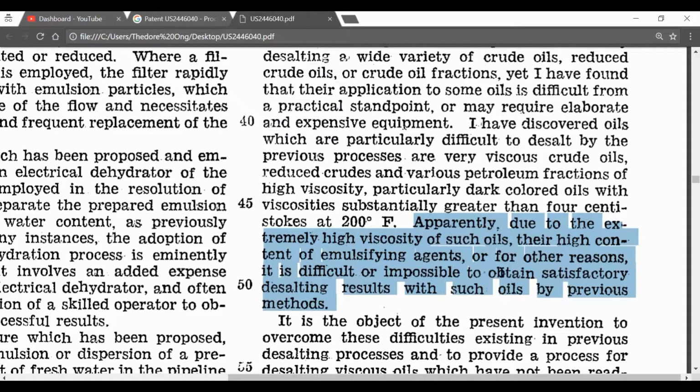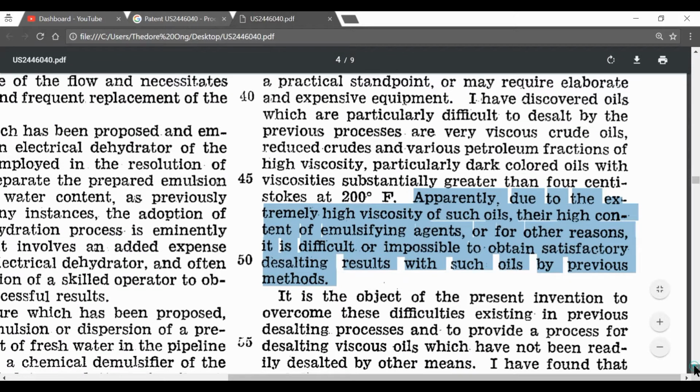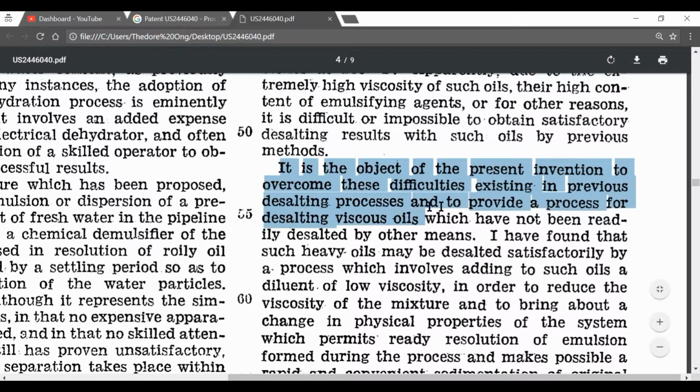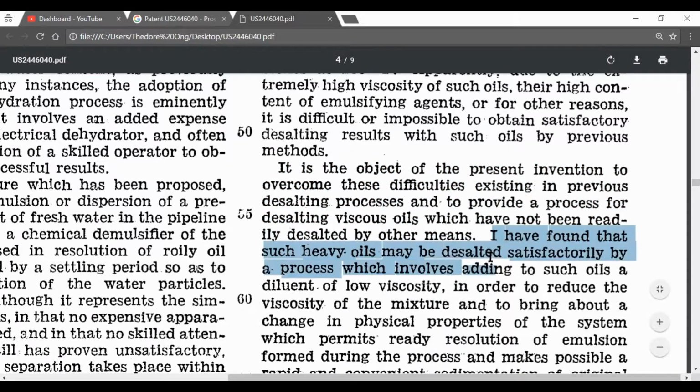Alright? So, okay, let's just review. The object of this present invention is to overcome the difficulties existing in previous desalting processes. And he says that I have found, quote unquote, such heavy oils may be desalted satisfactorily by diluting it with low viscosity oil.